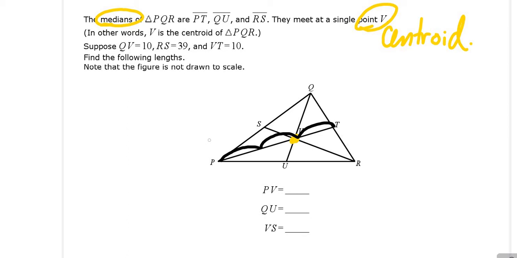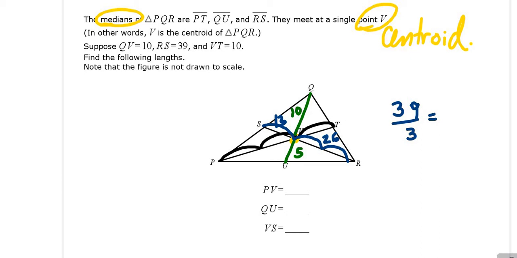So in this case, we're given Q to V is 10, which would make this 5. We're given R to S is 39, the whole thing. That means 1, 2, 3 bunny hops is 39. So we're going to divide by 3. That means this is 13 and this is 26.